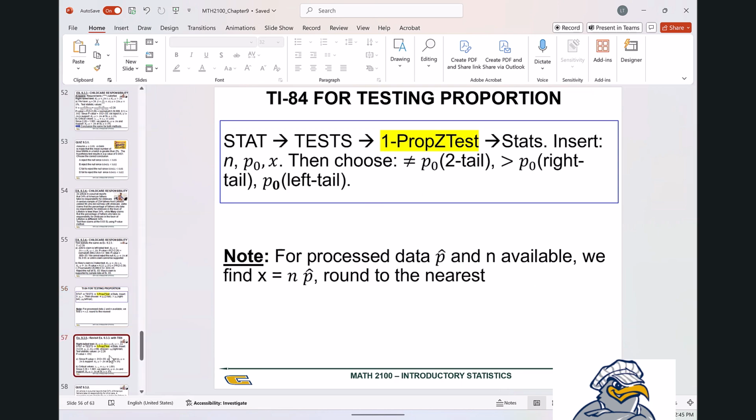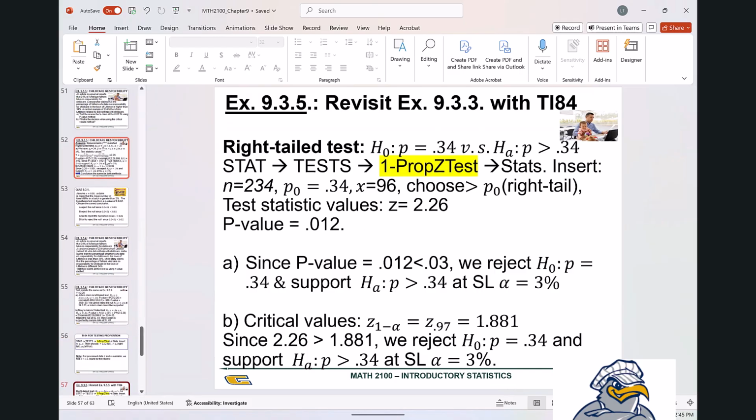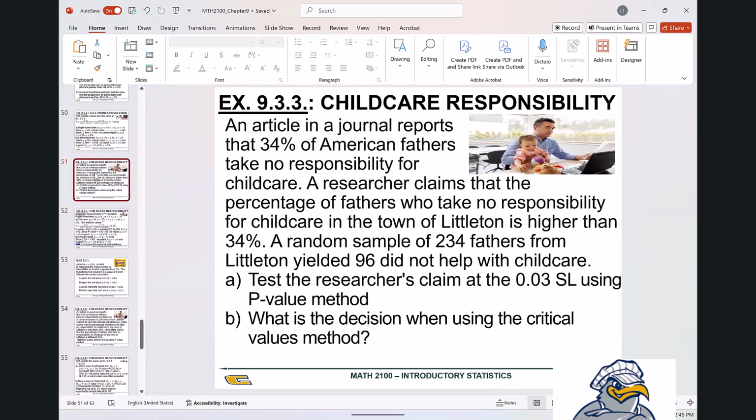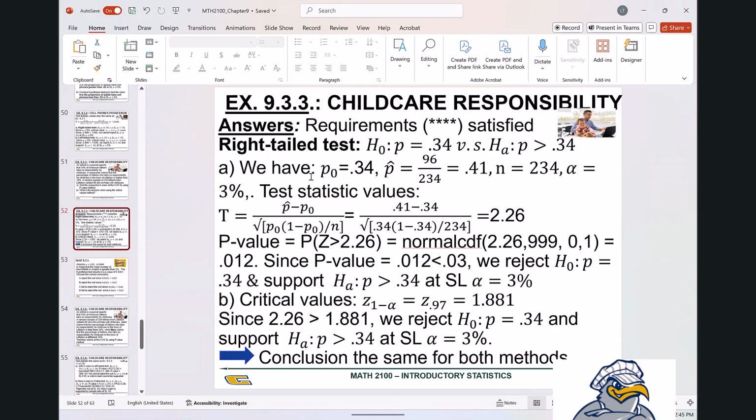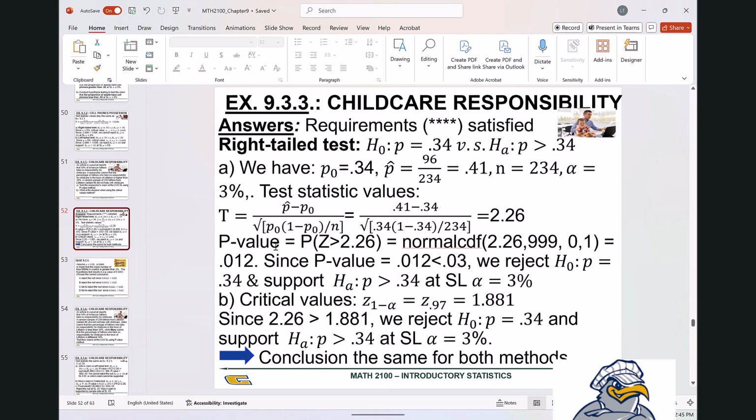So now let us look at the problem 9.3. You test for greater than, because the researcher believes that it's greater than. So this is a testing problem in 9.3.